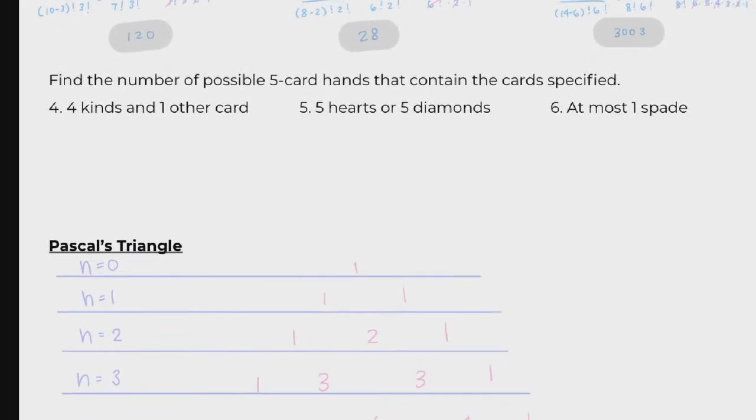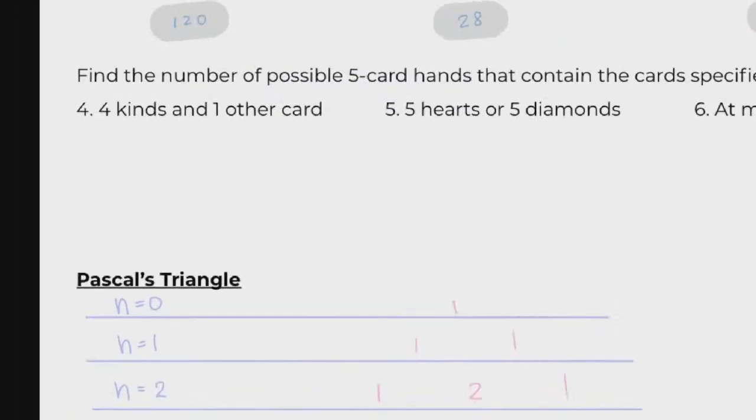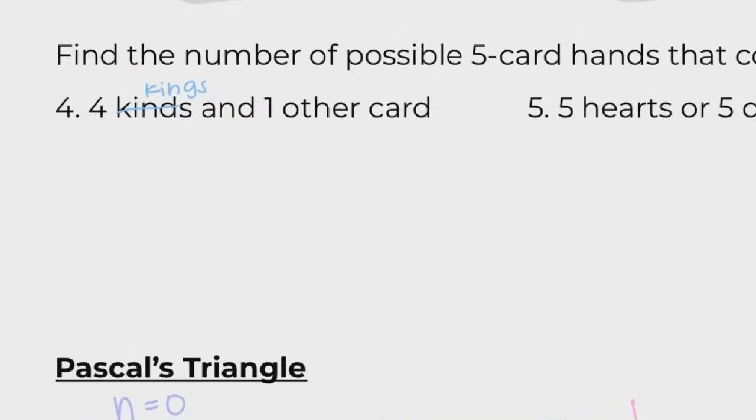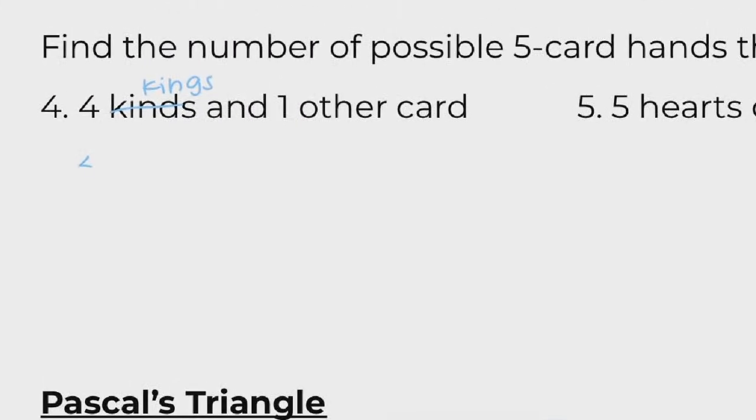Okay, next section we're going to be looking at cards. We're finding the number of possible 5 card hands that contain the cards specified. Number 4 has a typo. It should say kings. Okay, so in a deck of cards, there are 4 kings, and of those 4 kings, we want to choose all 4 of them. So this part is here.